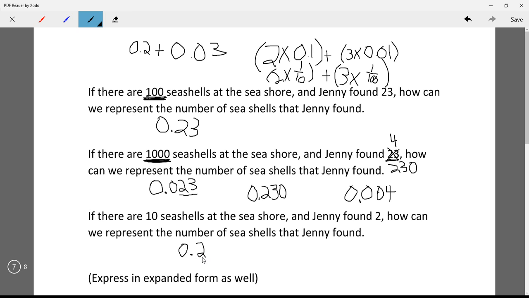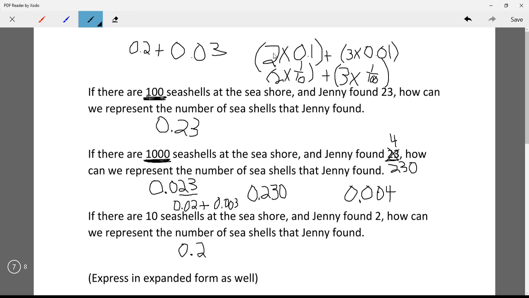Okay? And obviously we can write it in expanded form like this. So in this one, 2 tenths you can't really write in expanded form, but for this one, 23 thousandths, it would be 2 hundredths plus 3 thousandths.